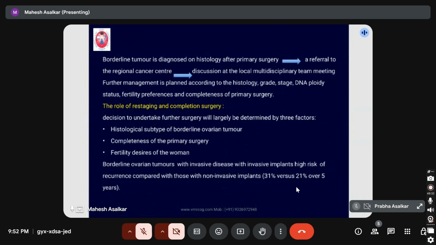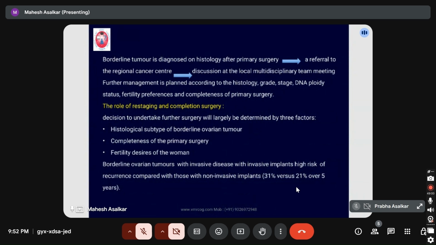So the role of restaging and completion surgery: the decision to undertake further surgery will largely be determined by three factors. One is the histological subtype of borderline ovarian tumor. Second, the primary surgery, how complete the primary surgery was. And third, the fertility desire of the woman. So when you have a diagnosis of borderline ovarian tumor retrospectively, you have to refer these patients to a regional cancer center.